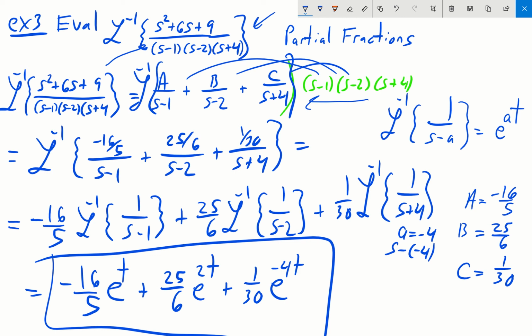If you, in general, have n unknowns, we had 3 unknowns, a, b, and c, you would need to make 3 choices of s. However, if you have repeated factors or irreducible quadratic factors, then the choices of s won't necessarily immediately always provide values for a, b, and c, in which case you might want to do the method of equating coefficients to work out the partial fraction decomposition.